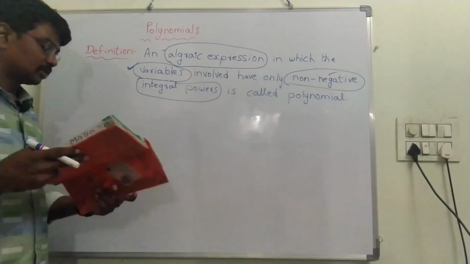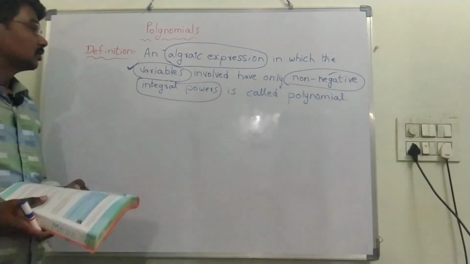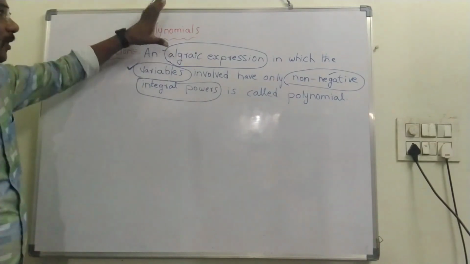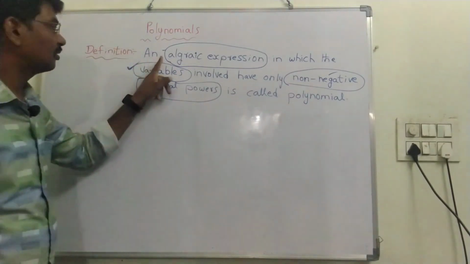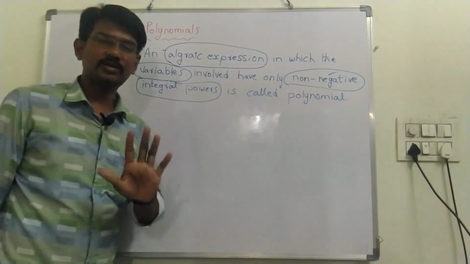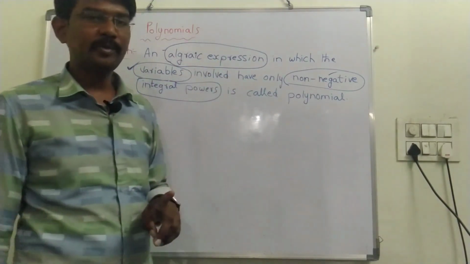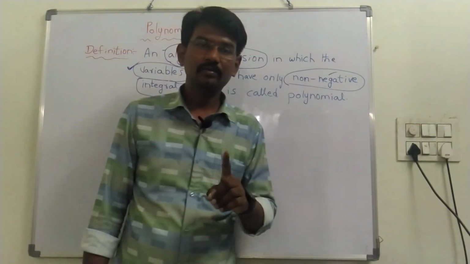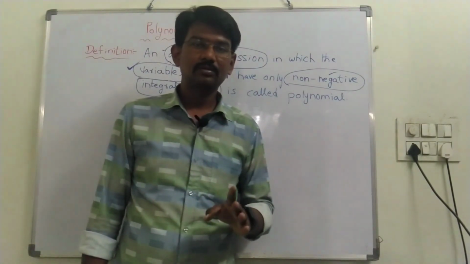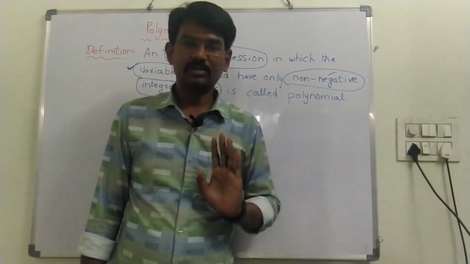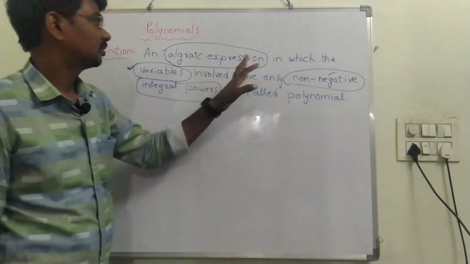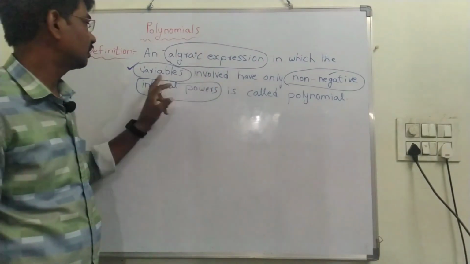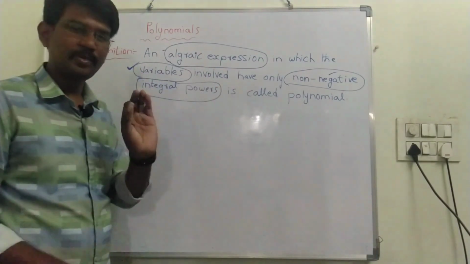So now, what is the meaning of polynomial? What is the definition of polynomial? An algebraic expression. First, in polynomials we compulsorily have algebraic expressions. In that algebraic expression, variables are involved compulsorily.